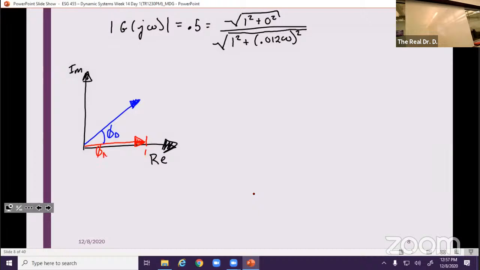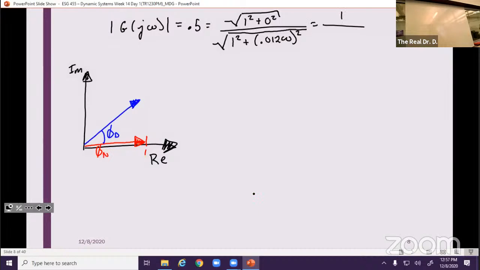This red one has phi numerator. It's very easy to see if we draw this out. Because the numerator is completely real, phi is 0. It lies on the real axis. That phase angle for the numerator has to be 0. It's all about just how much of it we have, which we know is 1. So that's fine.